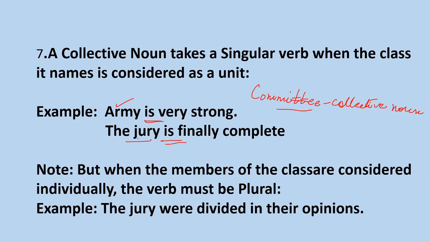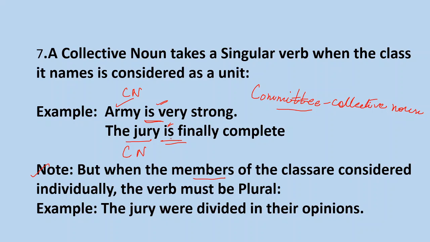Now, what is this jury? Jury is a collective noun. Army is what? Collective noun. Therefore, the verb is always singular. But there is a note here also that when the members of the group are considered individually, the verb must be plural.